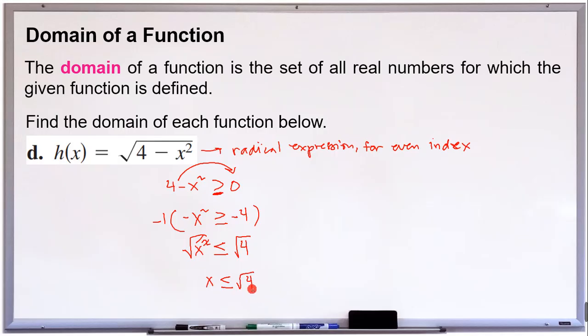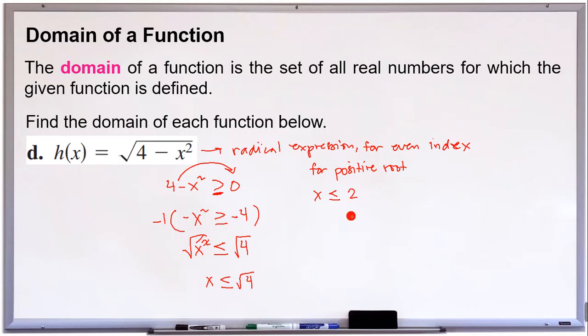Now, in this case, since we have two roots for our square root, we're going to consider the positive root and the negative root. For the positive root, you have x less than or equal to the square root of 4, that is 2.